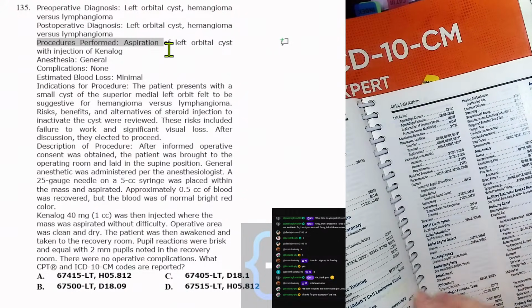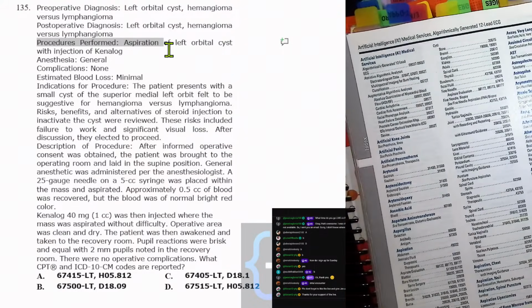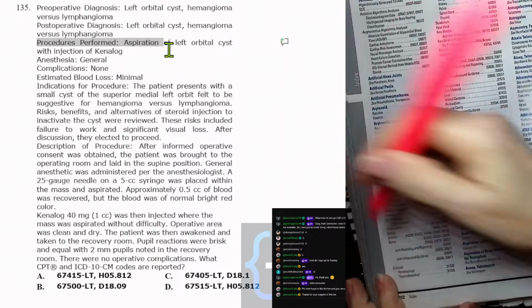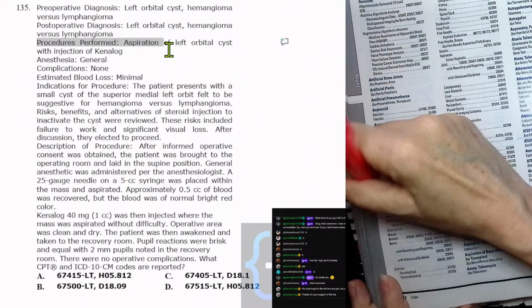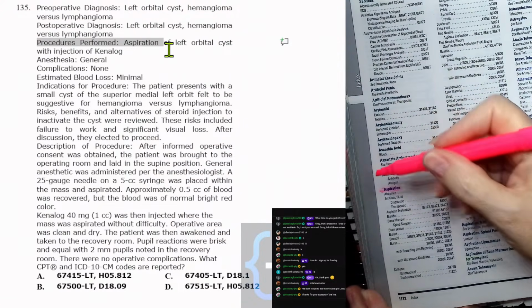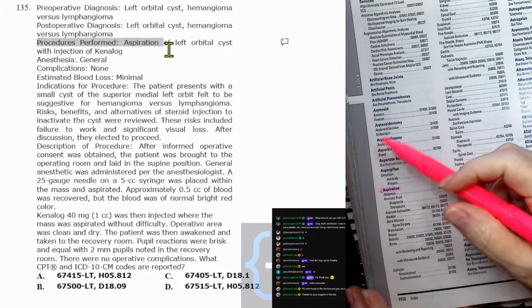Let's see. Aspirations will be around page 1112. And there's our aspiration word. Now all we need to do is make a decision about the first word that's indented.